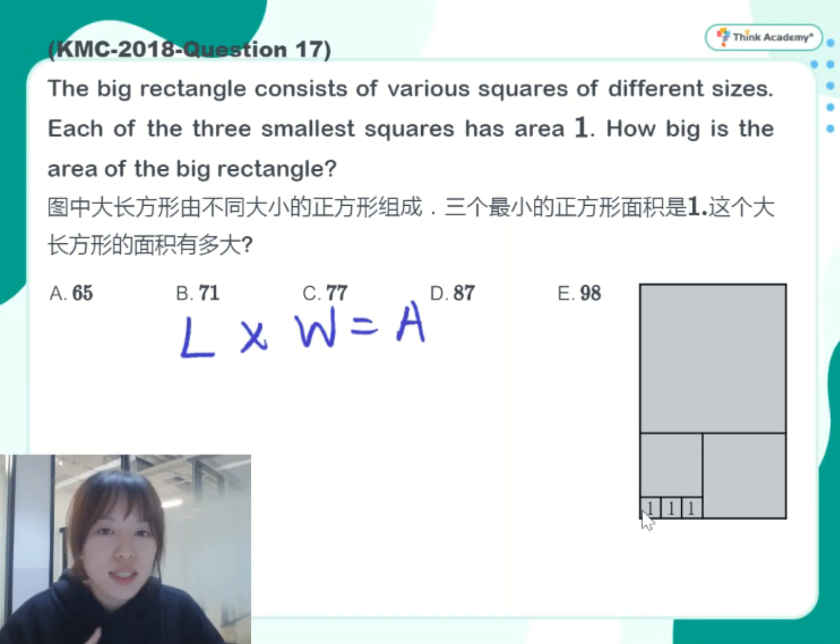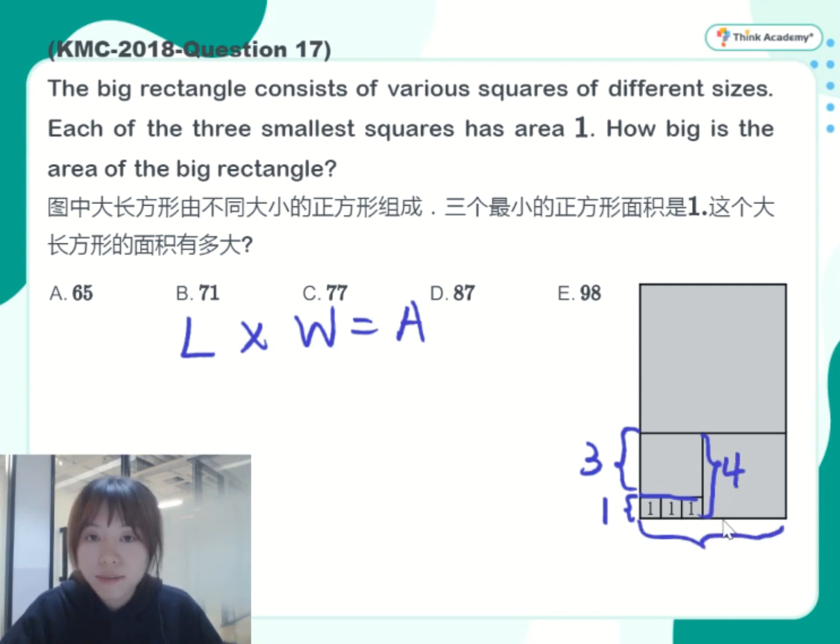But do you know the side of the smallest square? Yes, it's also 1. If we put these three ones together, then we can find the side of this square is 3. And then we can find for this one 4, and for this whole width, 3 plus 4 is going to be 7.